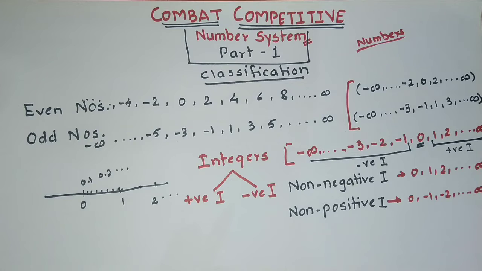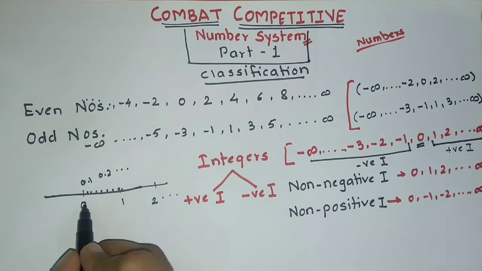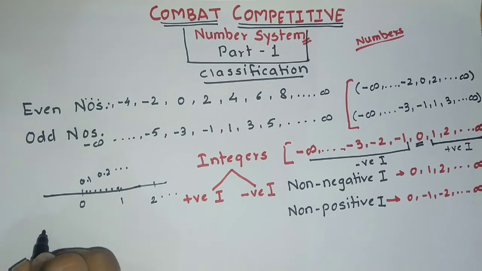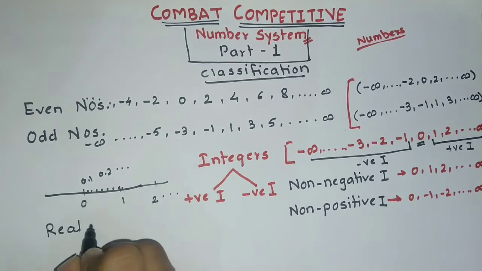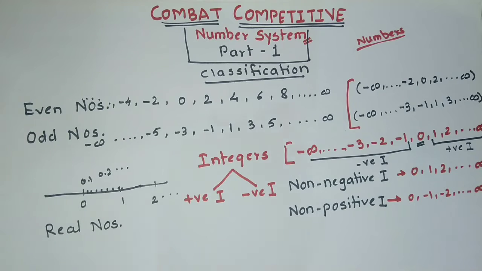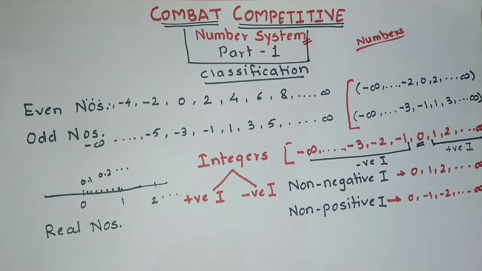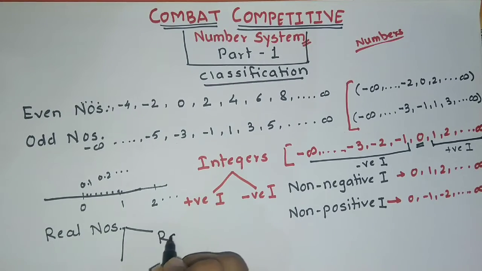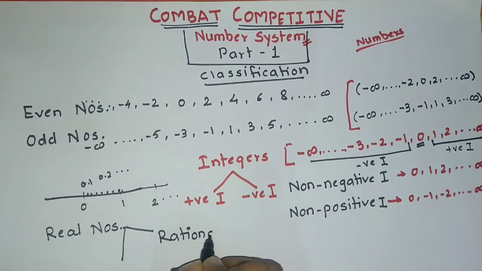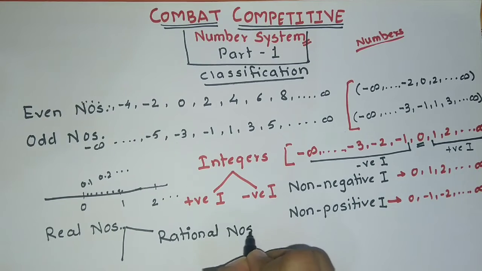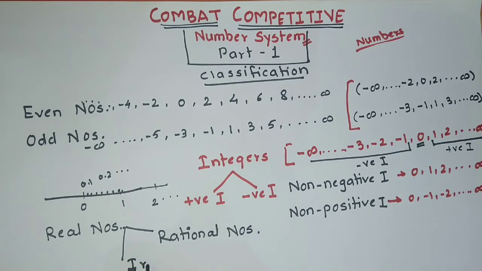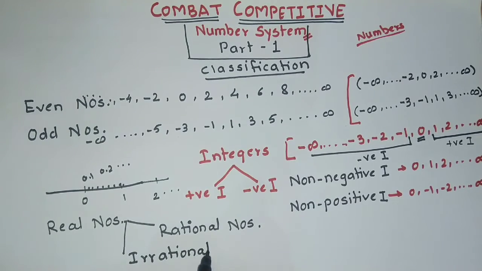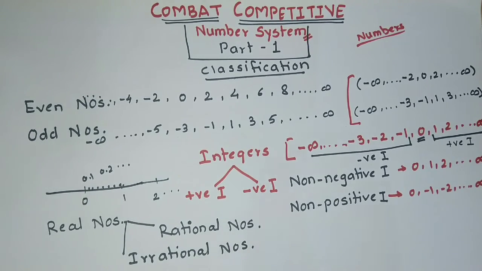Now these numbers in between 0 and 1 are defined as real numbers. And real numbers include both rational numbers and irrational numbers.